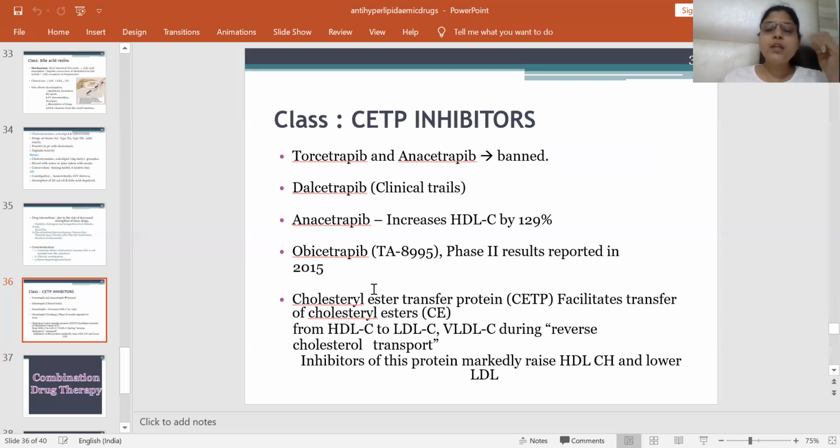The CETP inhibitors will markedly raise the HDL cholesterol levels and lower the LDL levels, because the cholesterol esters will not be transferred to the LDL and the VLDL, and the HDL cholesterol levels will increase. Hence, the LDL cholesterol levels will decrease, VLDL will decrease. Cholesterol esters will remain with the HDL, and thus reverse cholesterol transport will not take place.